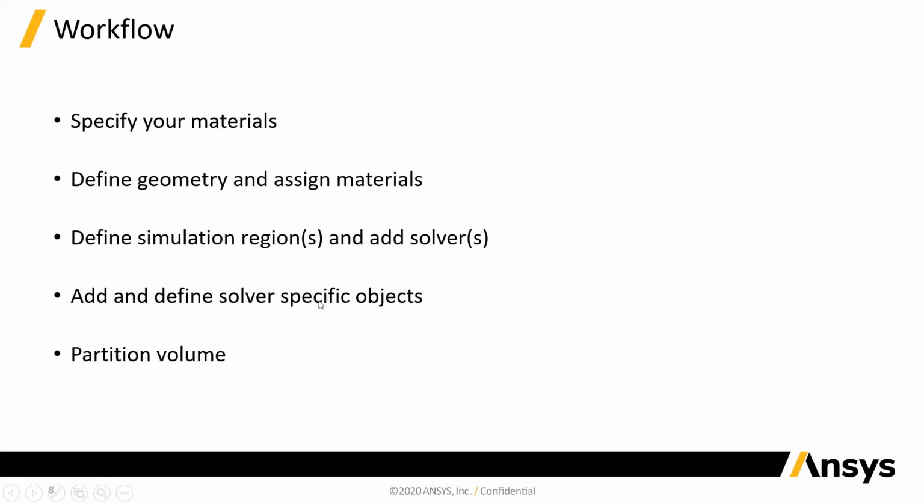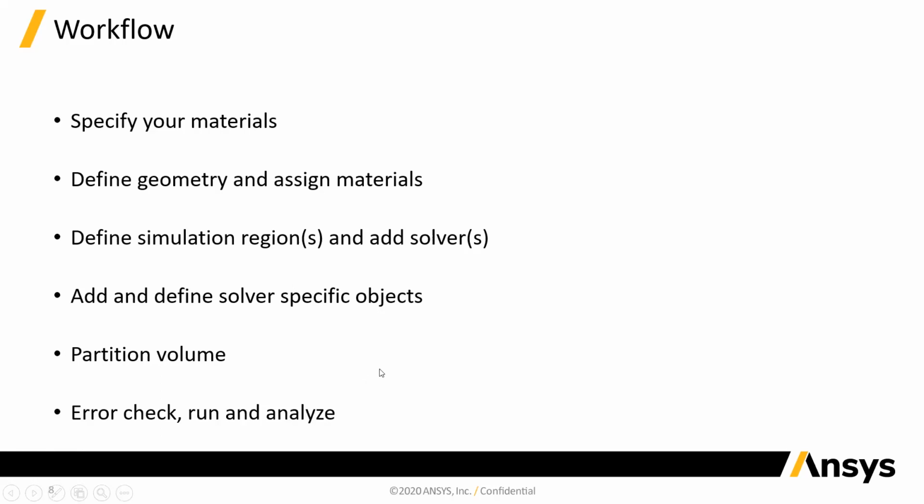Once everything is done, we will see this. You can partition the volume. This creates the actual 3D or 2D volume area that is going to get simulated, which gives you a chance to see the exact 3D geometry or 2D area that you're simulating.